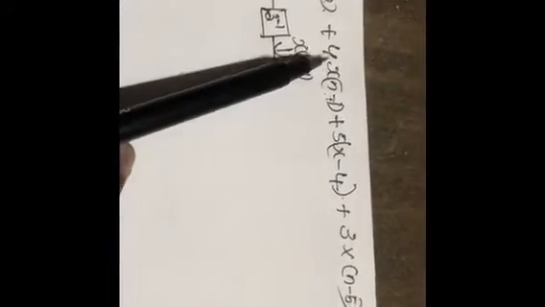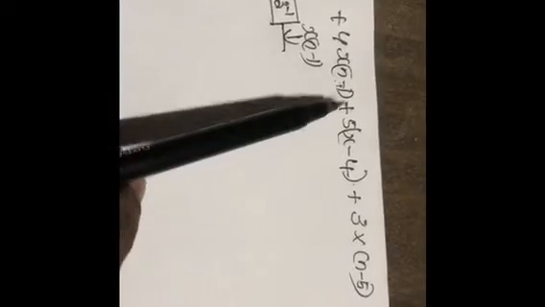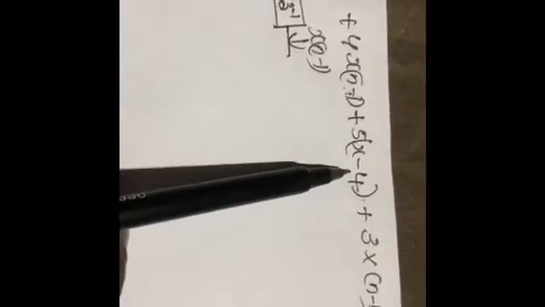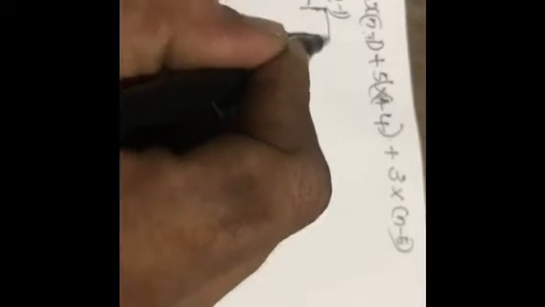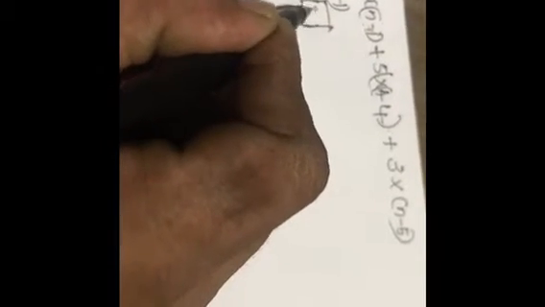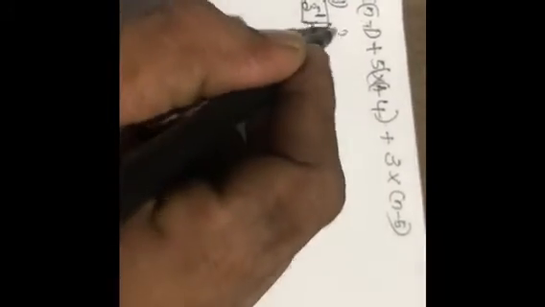In this equation, after x(n-1), the next sequence is 5 times x(n-4). That means the first shifted sequence is again shifted by z^-1. Now we got x(n-2).